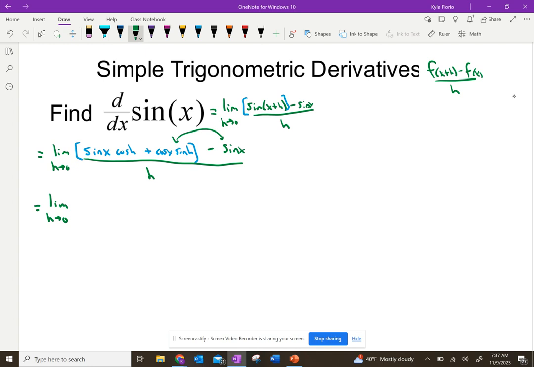So this becomes sine x cosine h minus sine x plus cosine x sine h. Now these are both over h. This whole thing's over h, and that's equivalent to just breaking up into two fractions with the same denominator.